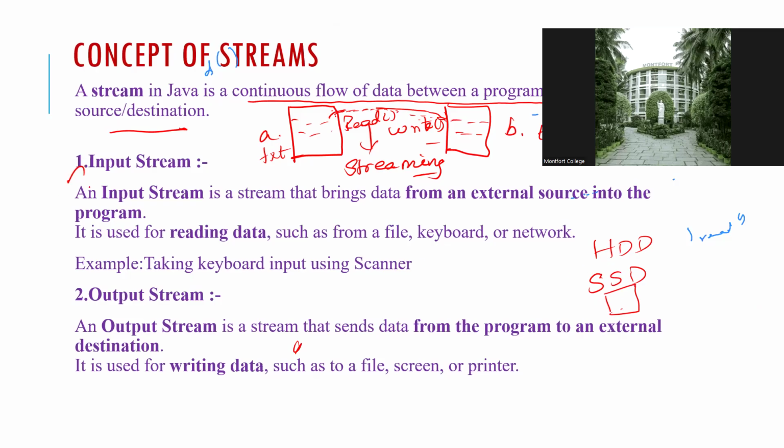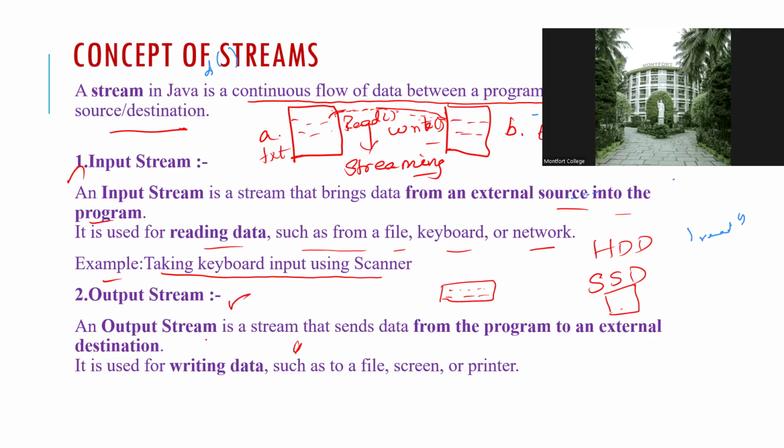An input stream is a stream that brings data from an external source into the program. It is used for reading data from a file, the keyboard, or the network. For example, taking keyboard input using the Scanner class. By using the Scanner class, we can take input from the keyboard that can be given to the program.